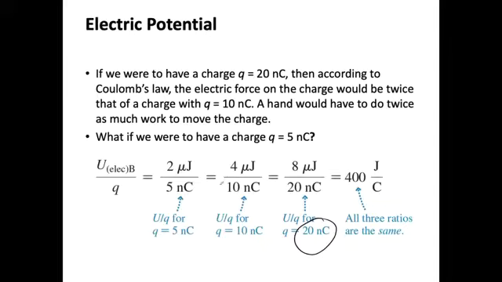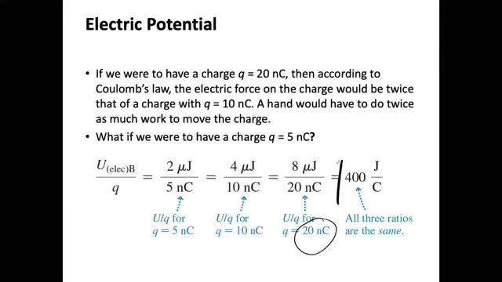So if you put all the numbers together, what do we have? We have the electric potential energy at B divided by the charge of the particle I move from A to B, and it is a constant.